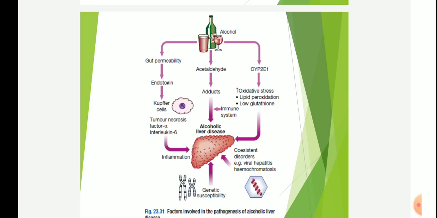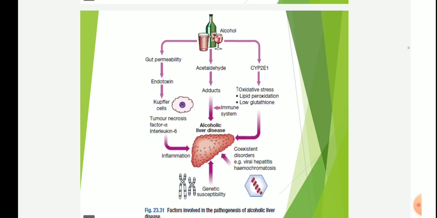This is again a schematic diagram wherein with alcohol consumption, the product acetaldehyde leads to adducts causing alcoholic liver disease. So gut permeability, endotoxin production, then Kupffer cells come into play, releasing tumor necrosis factor alpha and interleukins, causing inflammation in the liver.